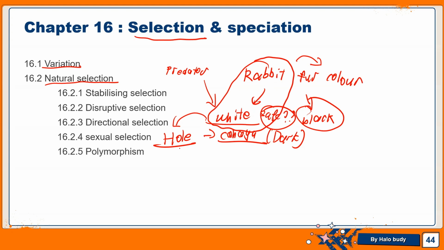If you put the white rabbit in the hole, the predator easily sees it and it will be eaten by the predator. But the black is not easy to see. So over the past decades, it needs a very long time before it can become the black fur rabbit color.